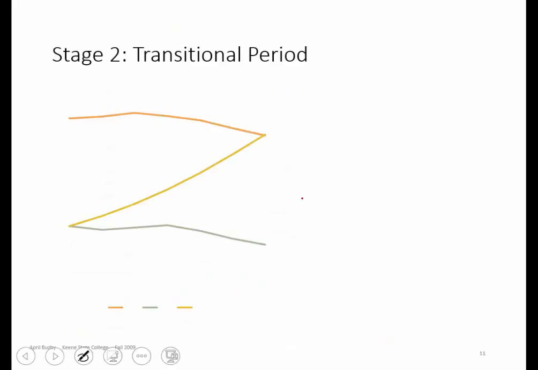Okay, and stage 2 is the transitional period. This used to be called an industrialized country back in the late 19th century and early 20th century. Say in the 19th century, the United States or Britain, or early 20th century, they have a similar shape.